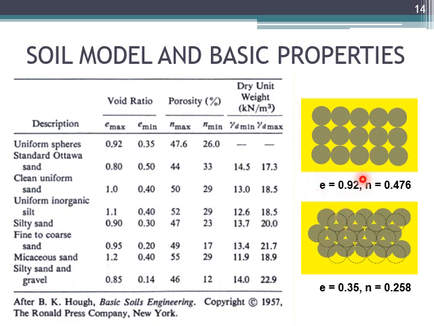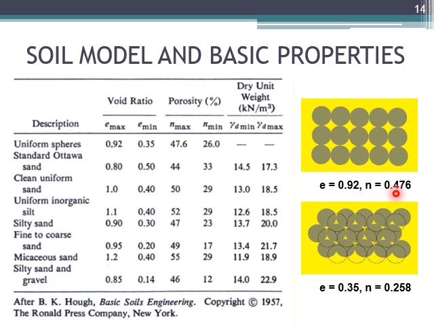Based on some simple graphical calculations, we know that the maximum void ratio for this type of material will be equal to 0.92 and the minimum 0.35. So the void ratio of such uniform spheres cannot be smaller than that and cannot be greater than that.